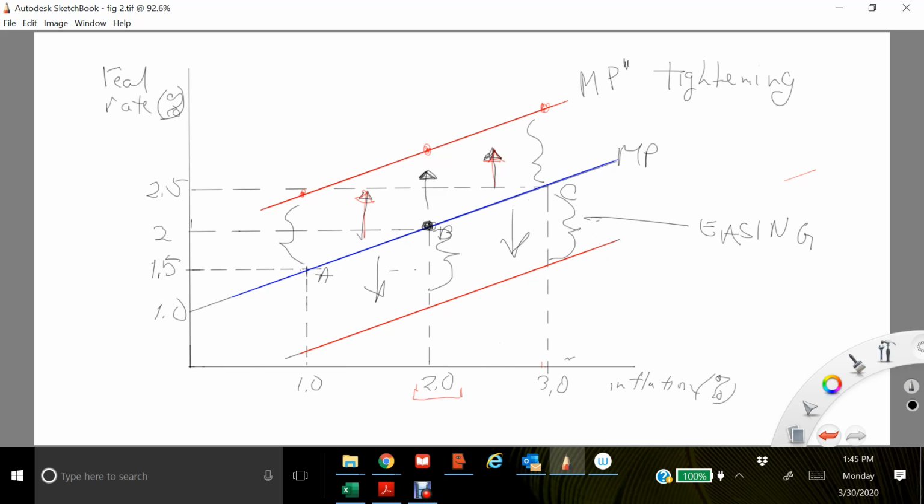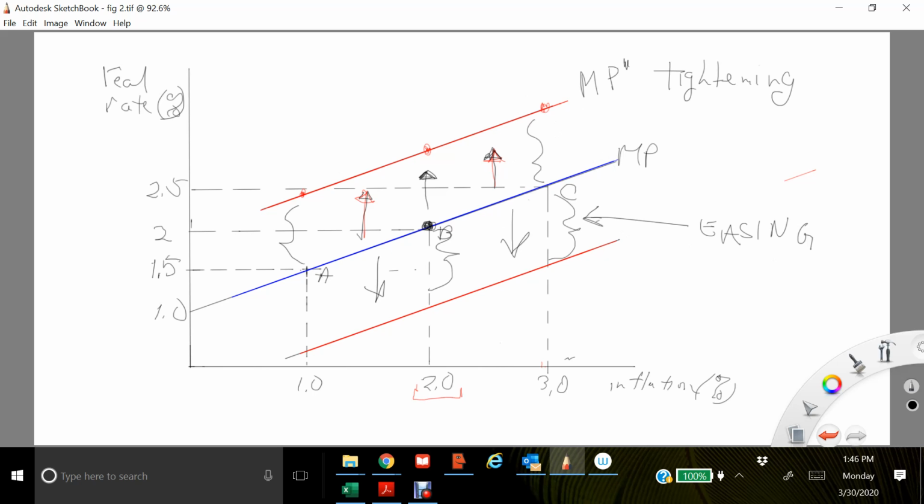So now we see how the autonomous policy changes are reflected in a shift in the monetary policy curve.